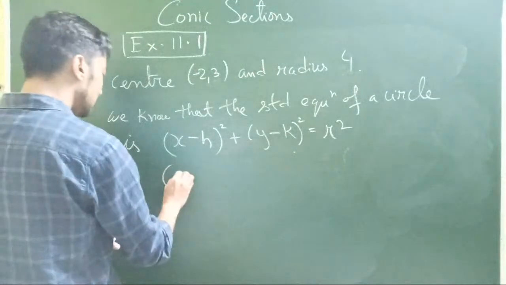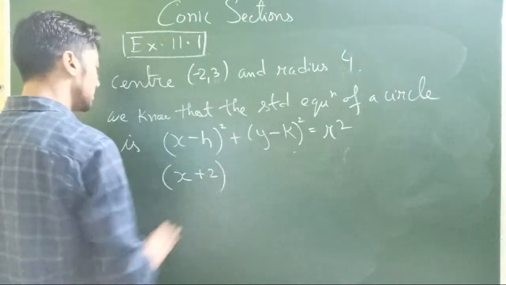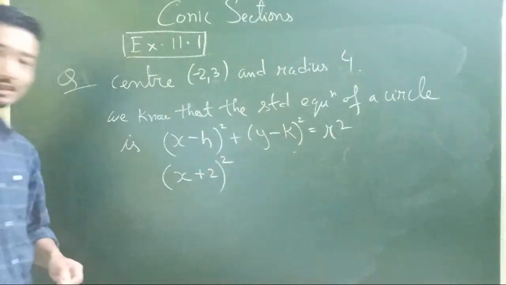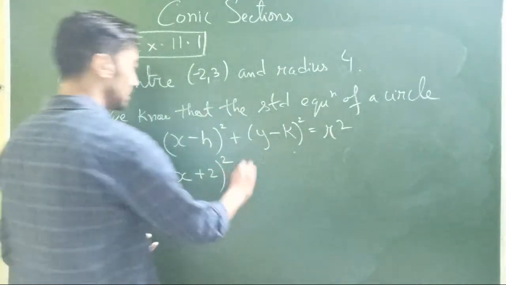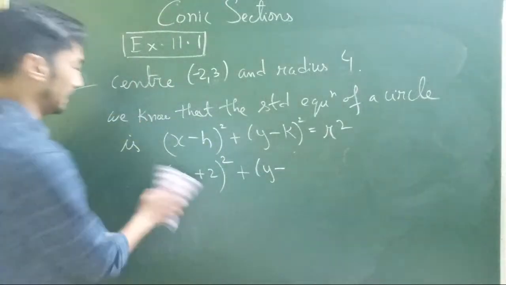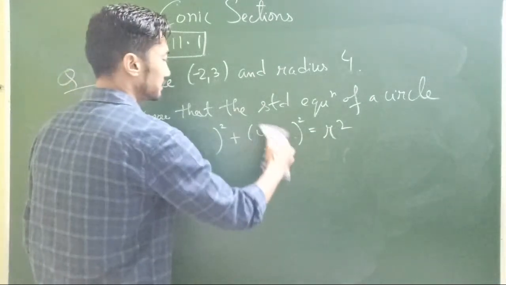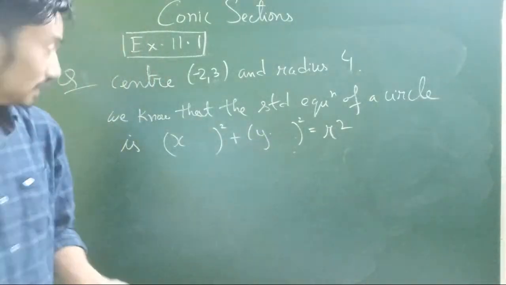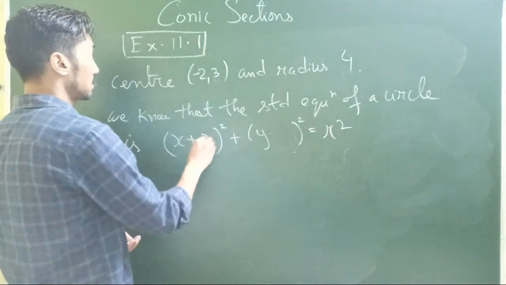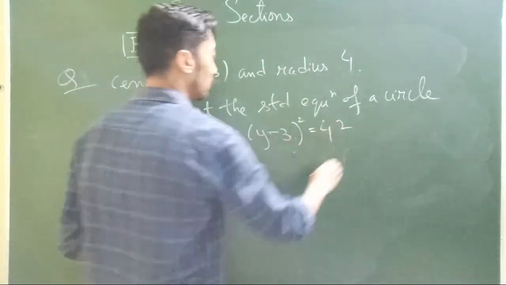Since we have already done this, let's just continue. I'm sure that you will be able to manage this, class 11th standard. So that's (x plus 2) whole square plus (y minus 3) whole square, and radius is 4 squared.